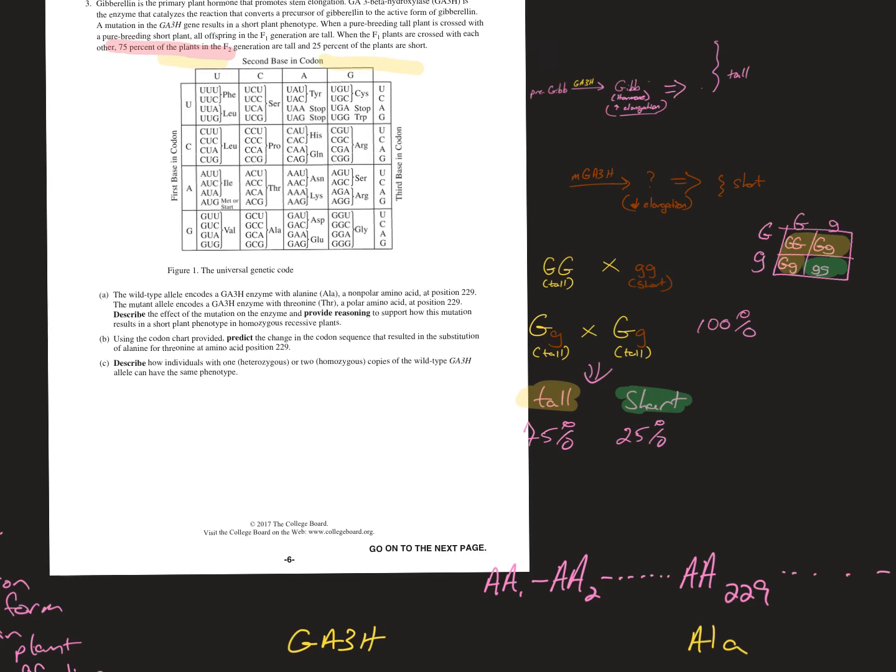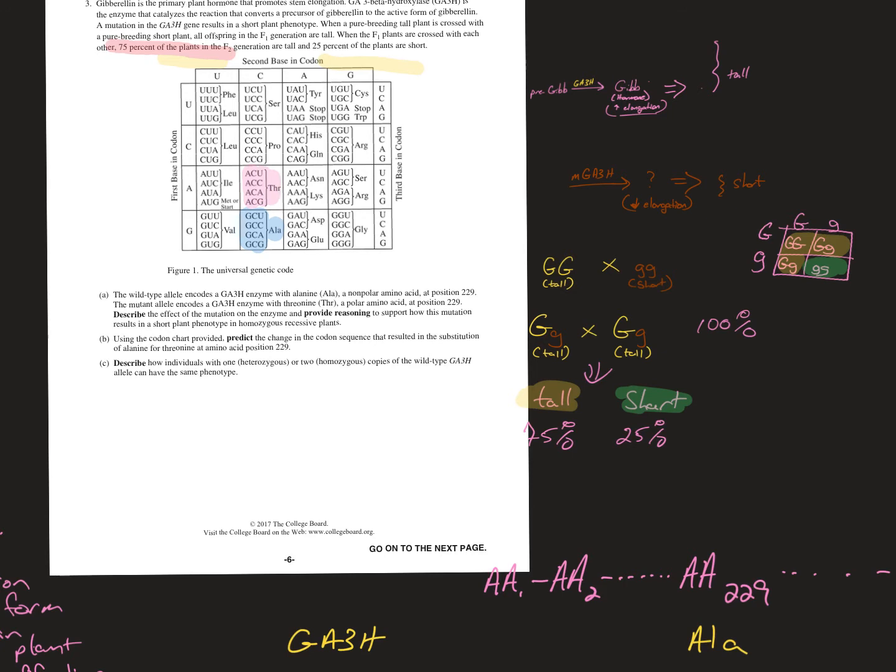There's alanine, right? So any one of these will get you alanine. Are there any other alanines? Let me double check. I suppose after all these years I should have memorized this, but no. And the substitution went from alanine to threonine, THR. So let's go ahead and find THR. Let's use pink for THR.